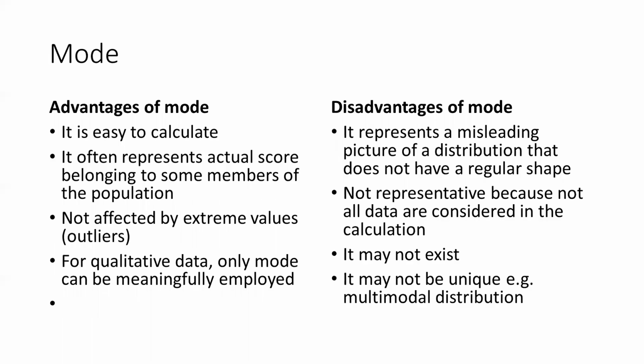Mode, the last in the series of three. It is very easy to calculate. But mode is not always representative of the population because you do not use the entire set of values.